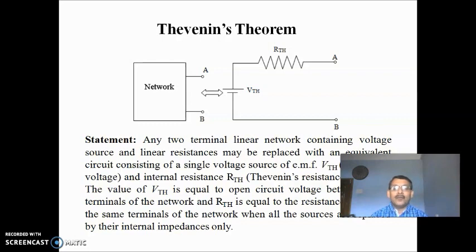The value of Thevenin's voltage is equal to the open circuit voltage between the same terminals of the network, and Thevenin's resistance is equal to the resistance appearing across the same terminals of the network when all the sources are replaced by their internal impedance only.